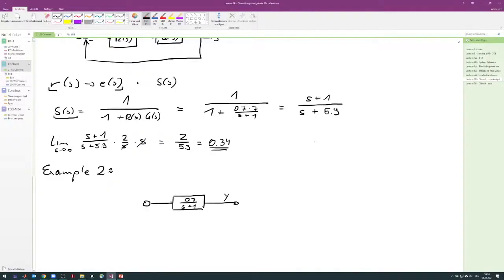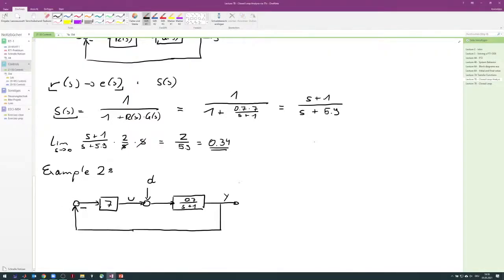But this time we have an input disturbance to our system, D. And we have this controller, which was 7. And we have R. No, we don't need this R at this point. Maybe just confusing here. Leave that out.